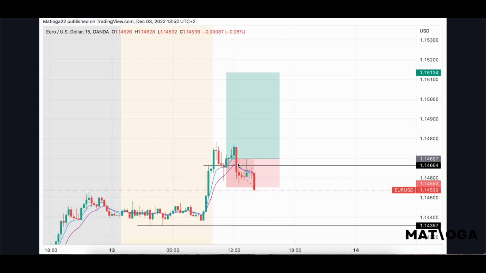So we just had to skip this. But yeah, eventually it became bearish, and if you would skip this long and go short here, that would be a better solution, I would say that.